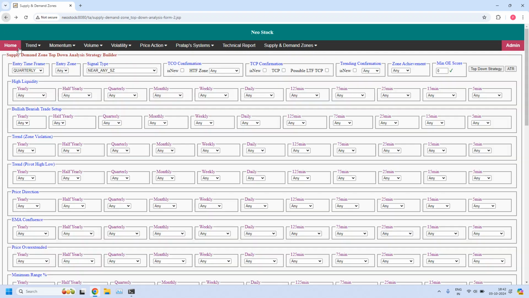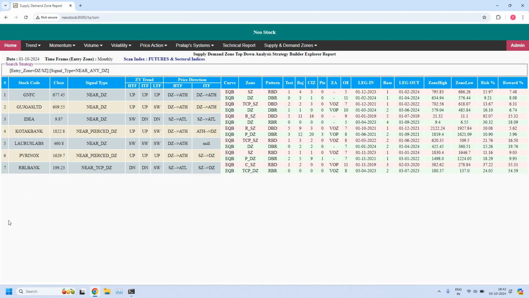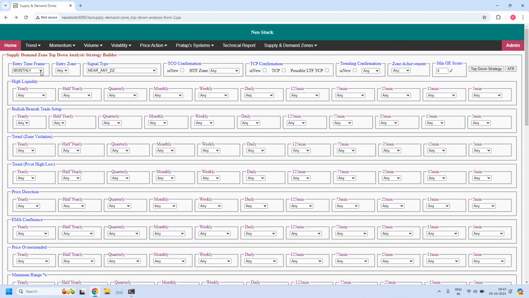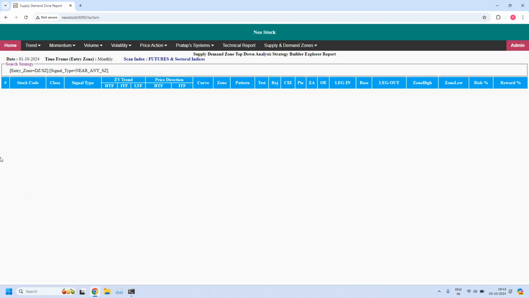Next time frame is monthly. Let us find the stocks near monthly demand zone. 7 stocks are filtered near to the monthly demand zone. Okay, next for monthly time frame, let us find the stocks near monthly supply zone. No stocks are available near to the monthly supply zone.